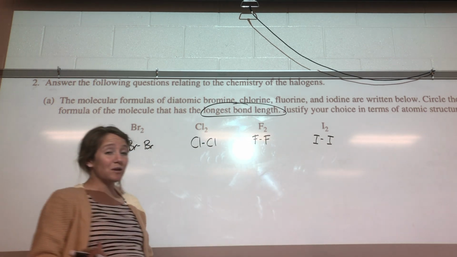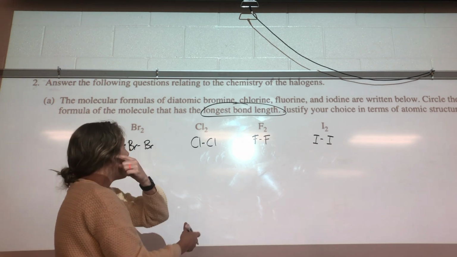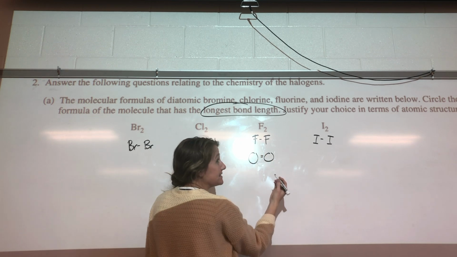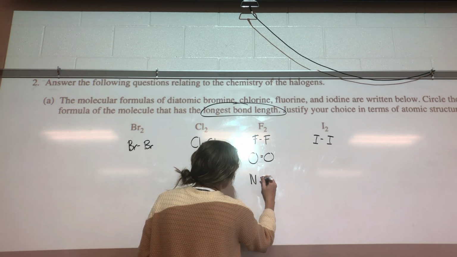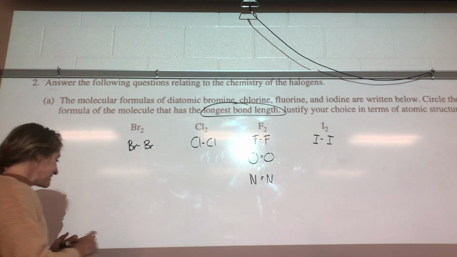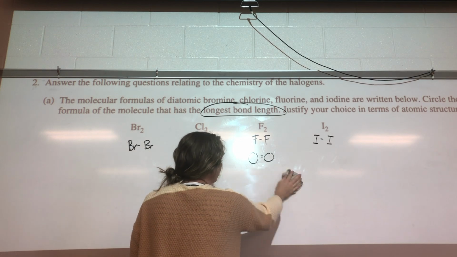But the question would be quite different if it was comparing oxygen and fluorine, because oxygen is a double bond, and let's say if we brought nitrogen into it, nitrogen is a triple bond. Okay, all right, the next thing is justifying or figuring out which one's going to be the longest.